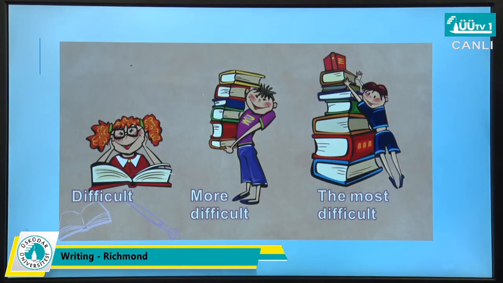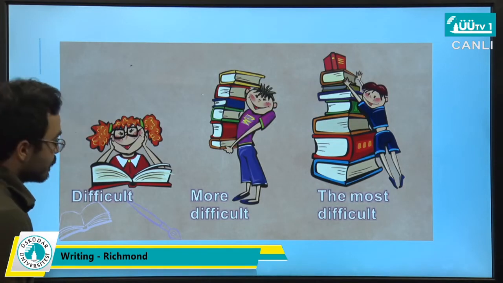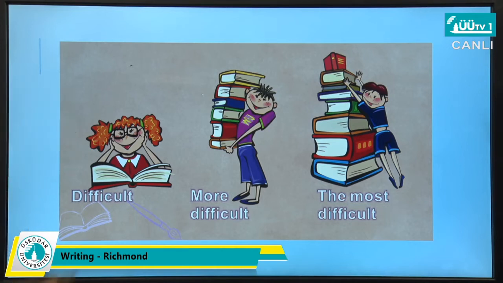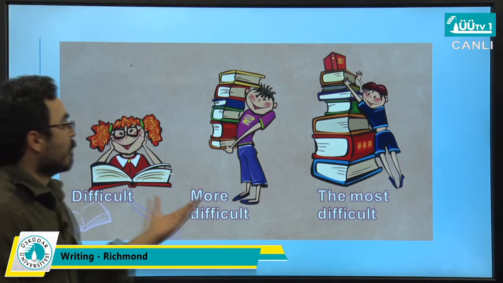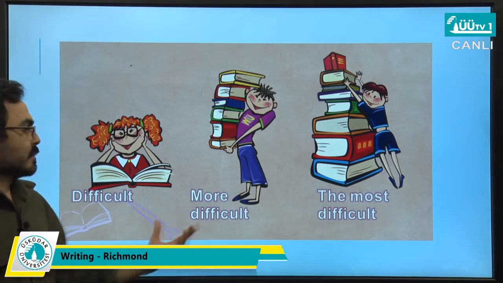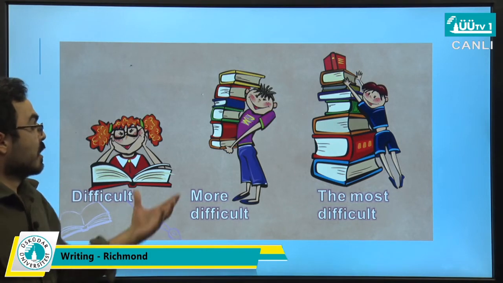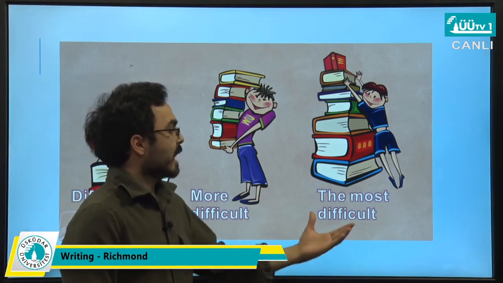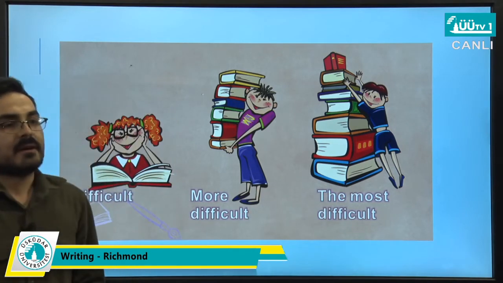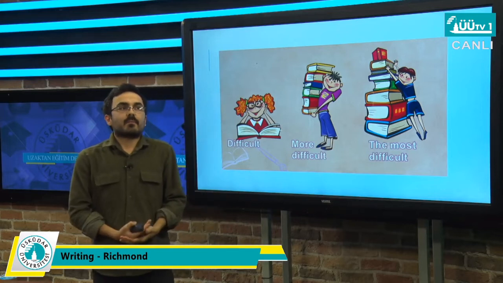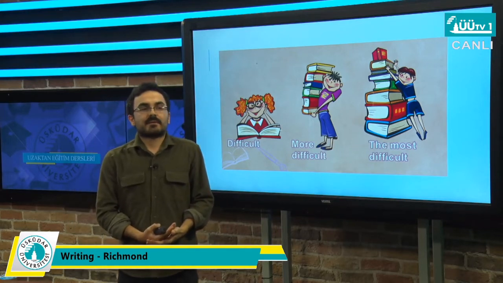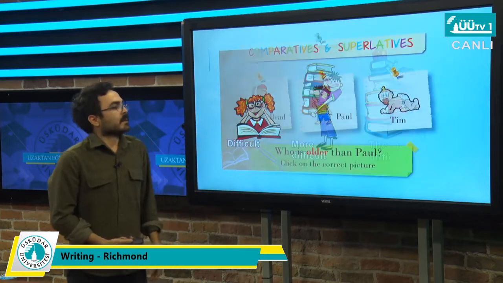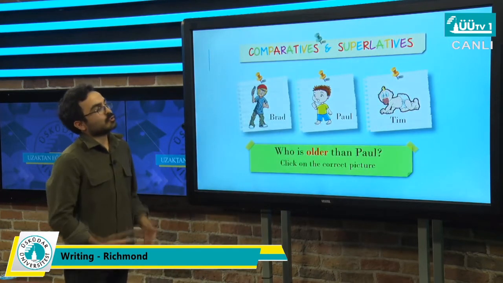And with words of more than two syllables, difficult became more difficult when we looked at comparative adjectives, and in the superlative it becomes the most difficult. For example, you can say the most difficult subject for me is mathematics. This is a good example, in your opinion.